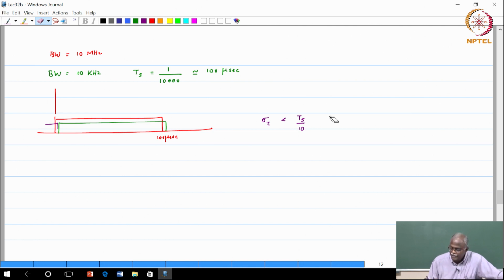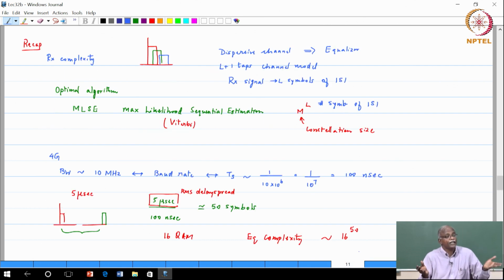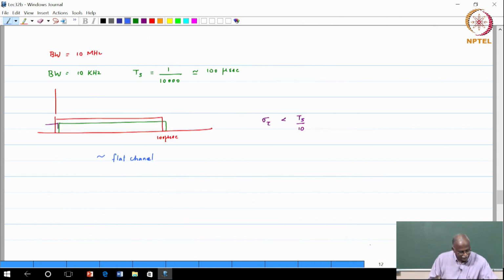So this particular scenario would be a flat channel. Now, notice that this 5 microsecond RMS delay spread looked like a terribly dispersive channel for a 10 megahertz signal, but for a 10 kilohertz signal it was not a problem at all.